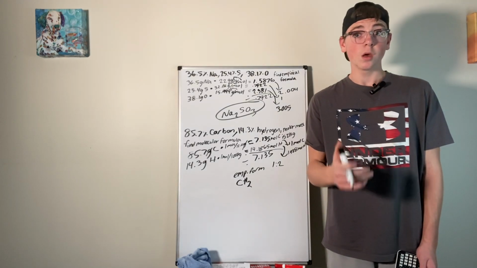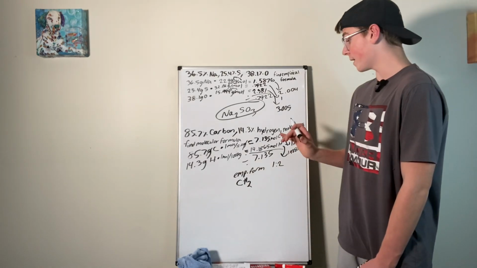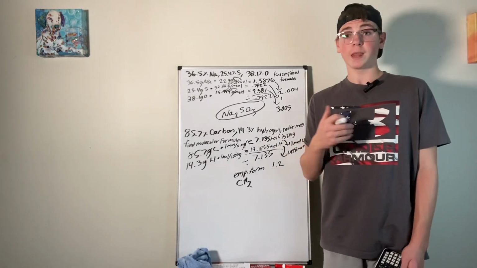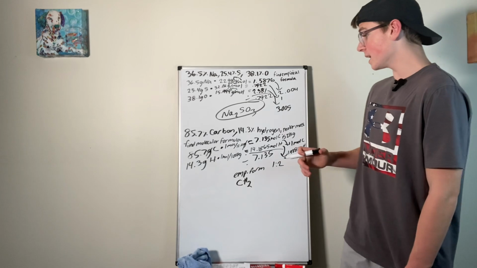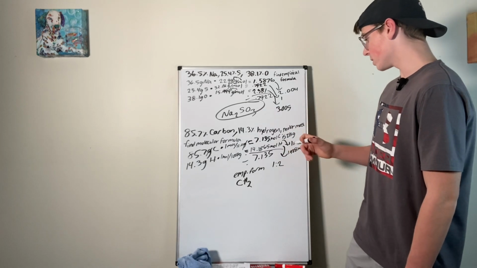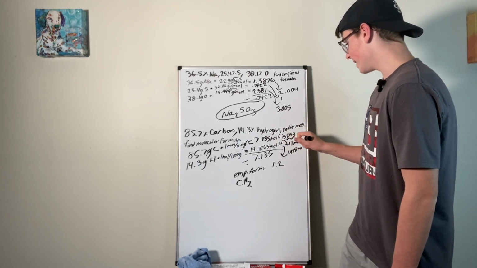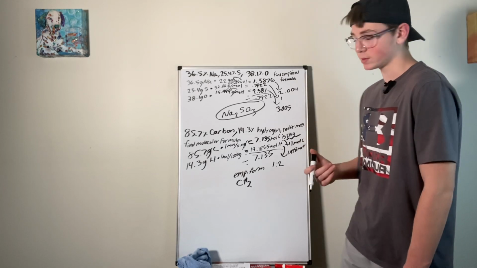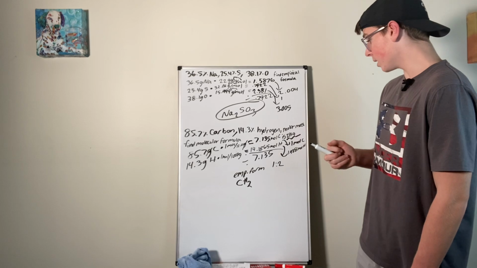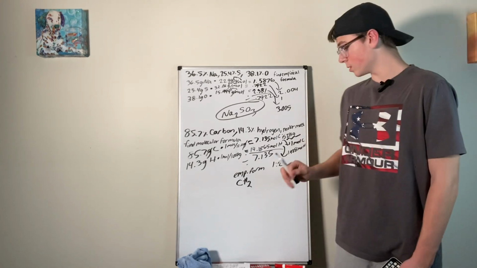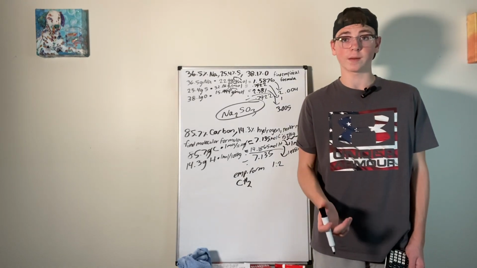Now, this is the empirical formula. We're told to find the molecular formula. So for a molecular formula, we're given how much this thing weighs. It's right here, 28 grams. So the molecular formula is supposed to weigh 28 grams.